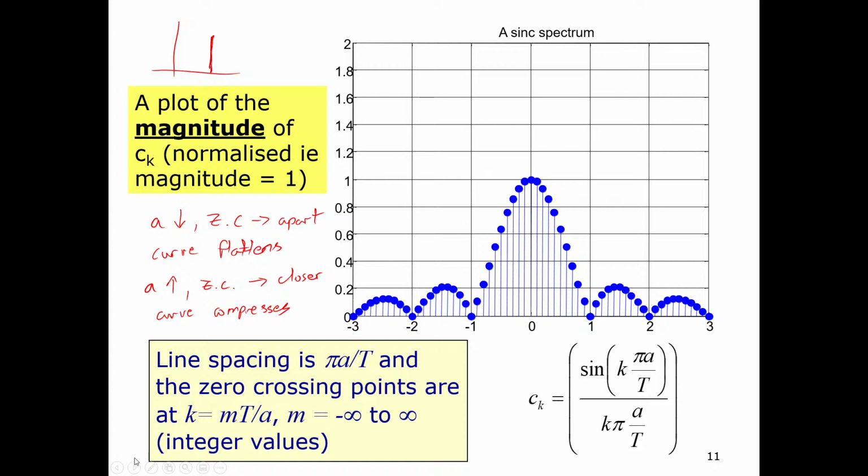If we take the spectrum of the impulse, we get an infinitely wide sinc, which is basically going to be a flat spectrum. And that gives us the point that the frequency response of an impulse contains all frequencies.